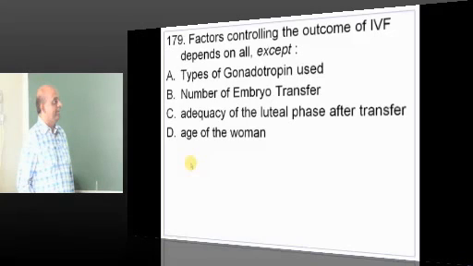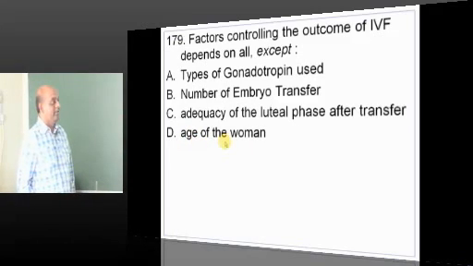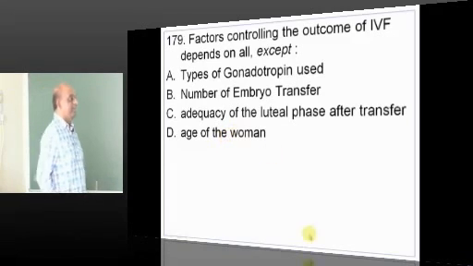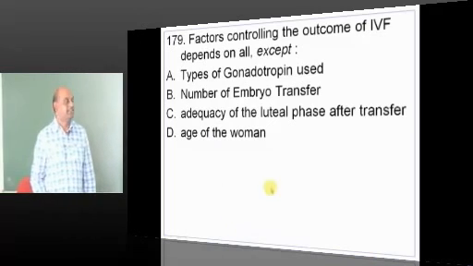So in IVF, it's always better to get more number of ova, more ovulation, so that there can be more number of embryos which can be transferred, so that there can be more success. That's fine. But then why did you not answer A based on that? Number of embryo transfer, I agree with that, sir, because with more embryos implanted, even if one fails, something else will remain. Adequacy of luteal phase is for sustenance. And the left out is only D.